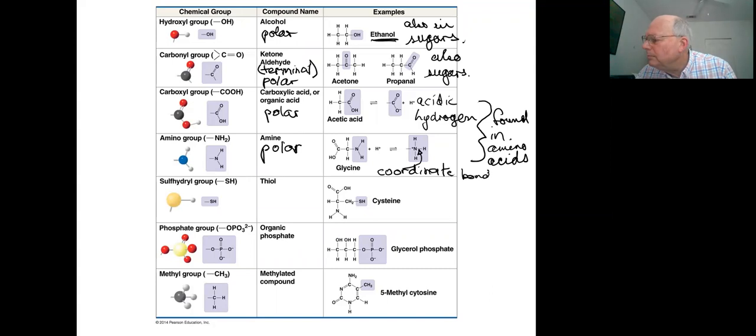So again, while it does look like a covalent bond, it's not a covalent bond, and the reason why is because the nitrogen is supplying both of the electrons. Remember, in a covalent bond, the shared pair of electrons are shared, one from each atom involved in the covalent bond. Here, the nitrogen is supplying both of them.